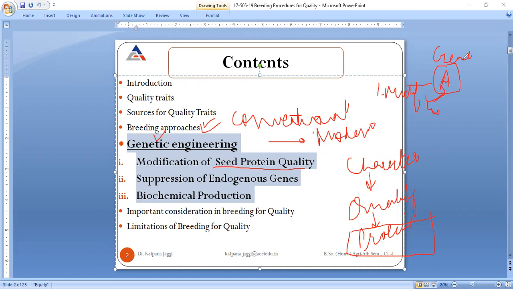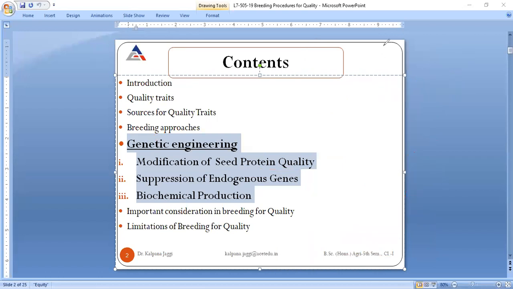Second, sometimes a quality trait is shown in excess. In that particular case, we can suppress the endogenous system. And third, we can go for the production of certain chemicals that themselves lead to the improvement of the quality. So these three are the factors that we are going to discuss today in the topic of breeding for quality, right?